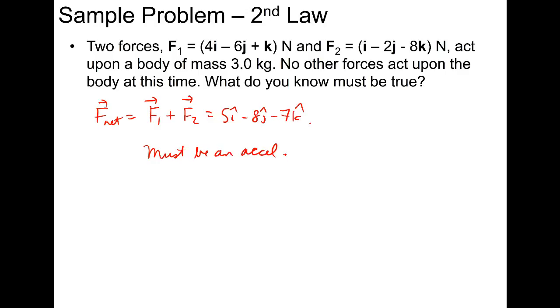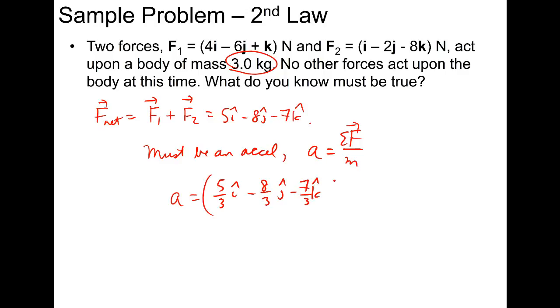And this acceleration, a, is going to be equal to the sum of the forces over the mass, because F net equals ma. So if we have a mass of 3 kilograms, it'll be 5/3 i hat minus 8/3 j hat minus 7/3 k hat, measured in units of meters per second squared, because the force will be newtons and the mass will be kilograms.